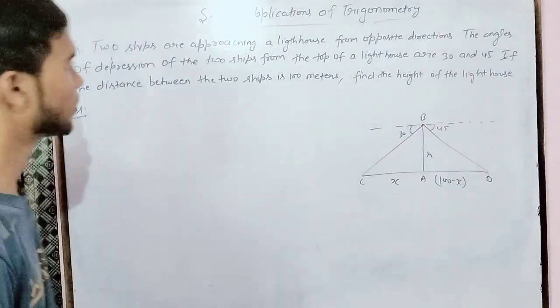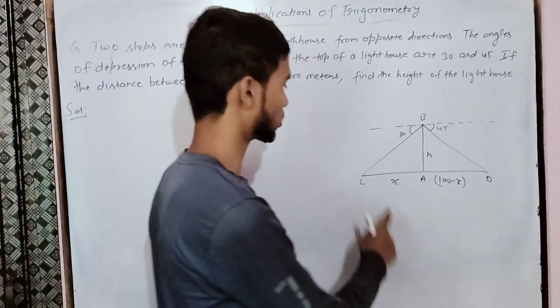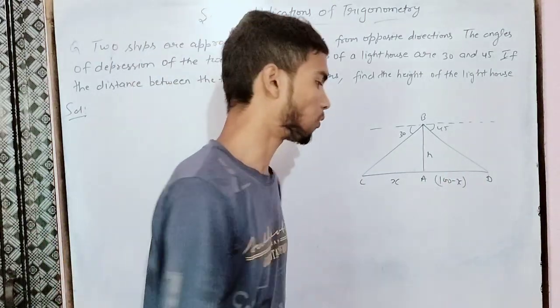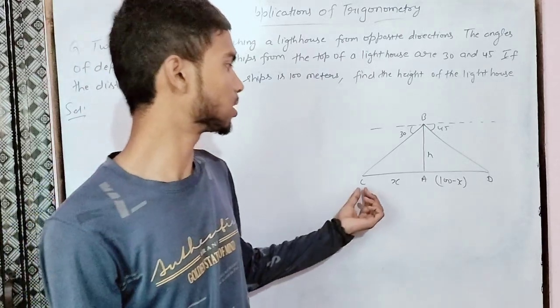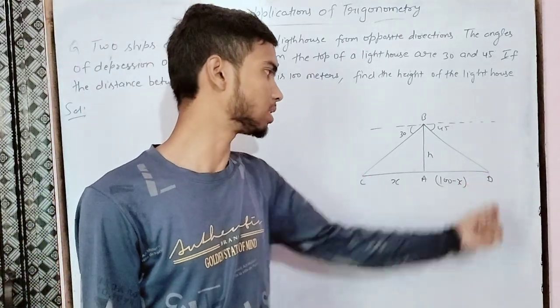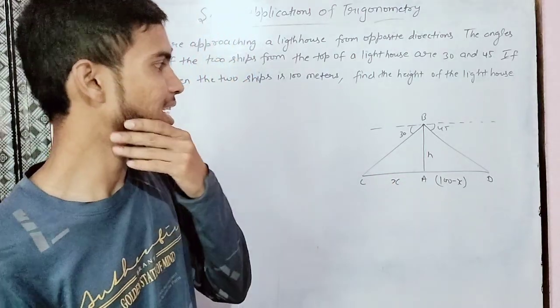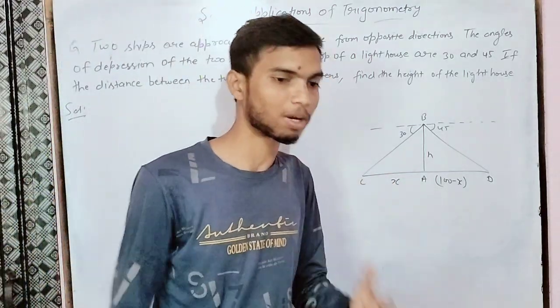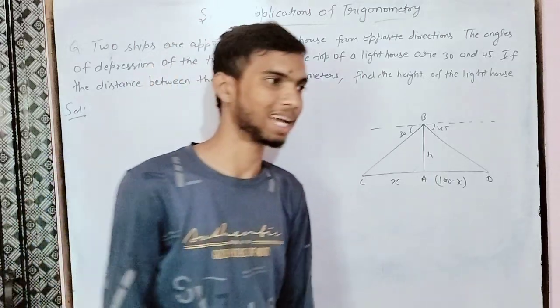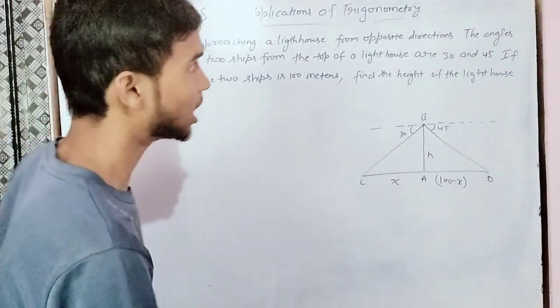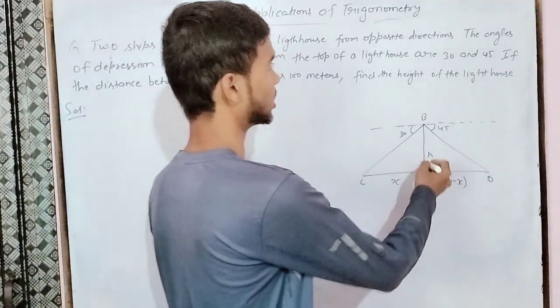If the distance between the two ships is 100 meters, from here to here is 100 meters. So one we will take as x, and second will be 100 minus x. Find the height of the lighthouse. We have to find this.